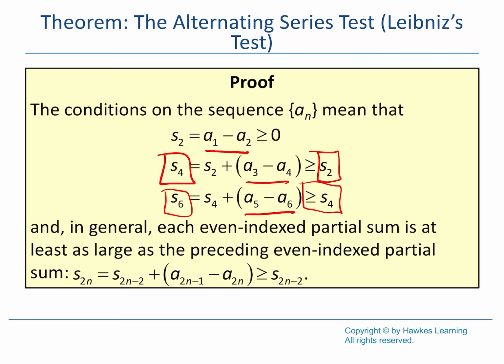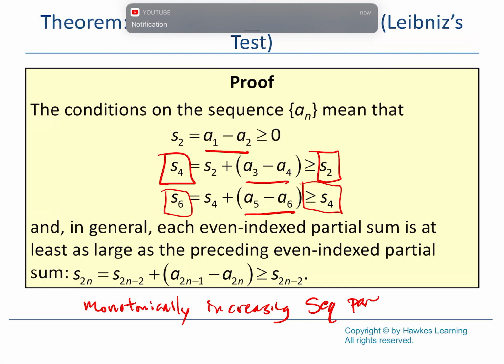All of those differences are, I guess, non-negative, either positive or 0. And so what's important to note there is that we have a monotonically increasing sequence of partial sums.